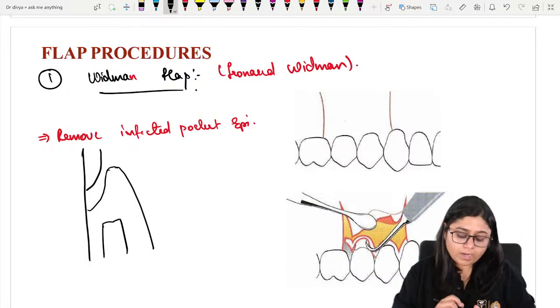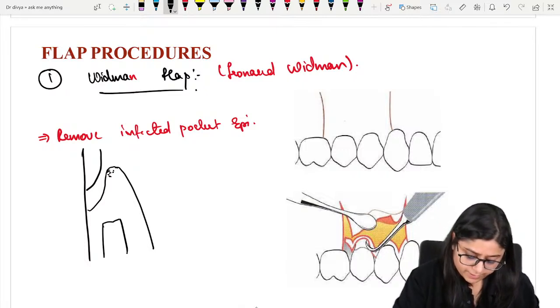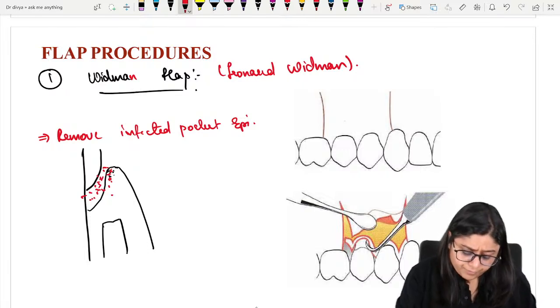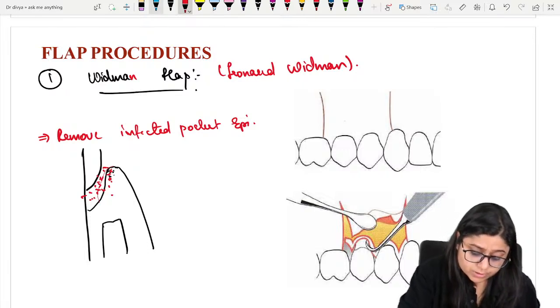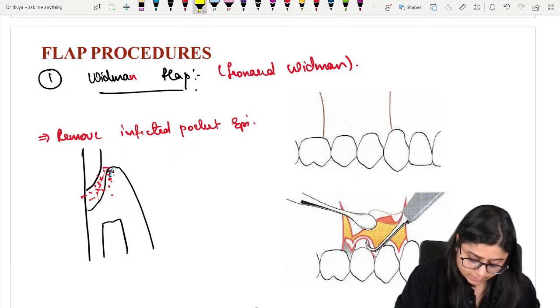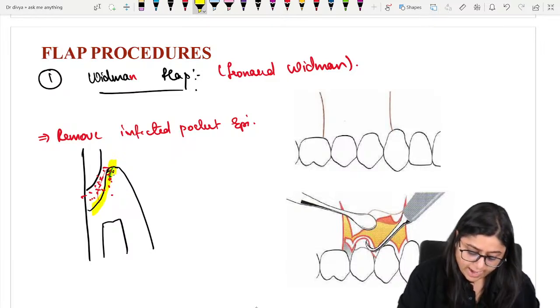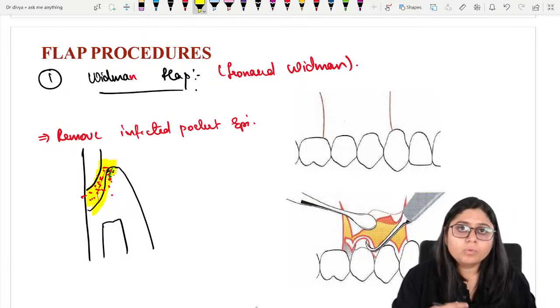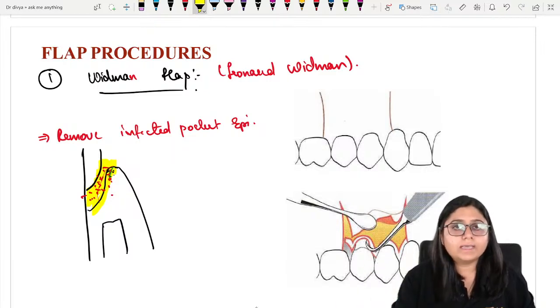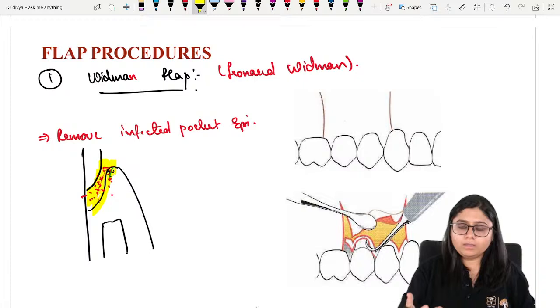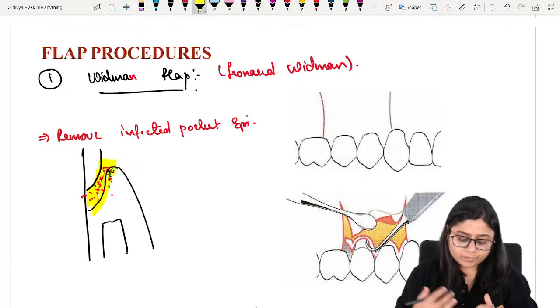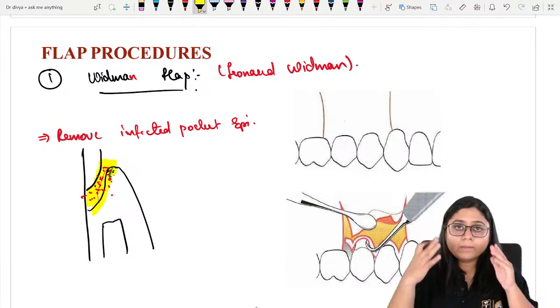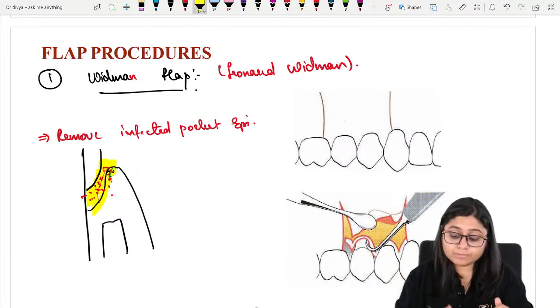Now, previously it was thought that when we remove this part which is infected by bacteria, and we remove the whole dental plaque, we will be able to save the tooth from loosening. So previously it was thought like that in the ancient times. So the main concentration was to remove the pocket epithelium.